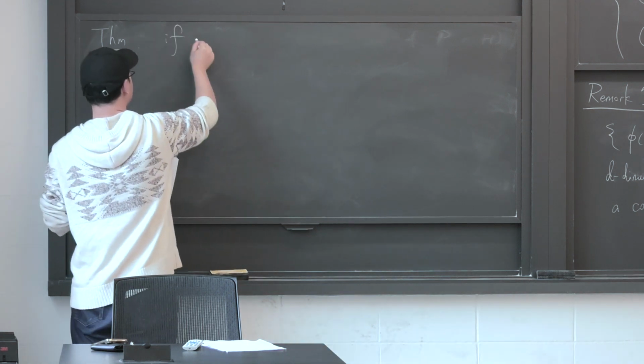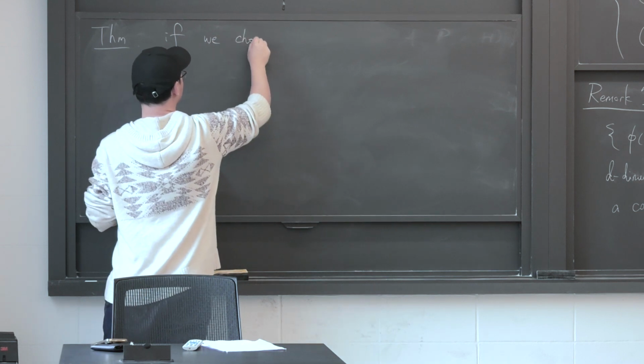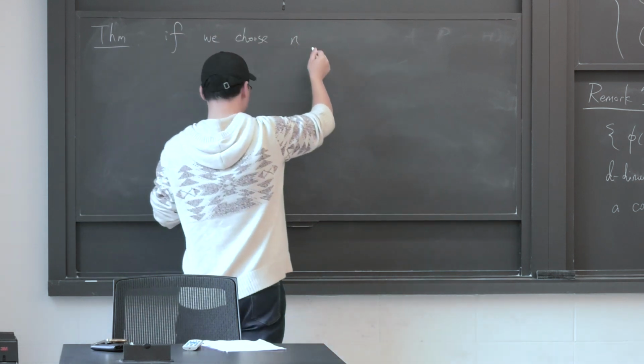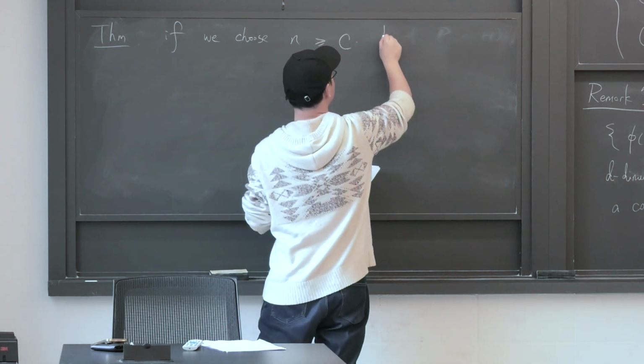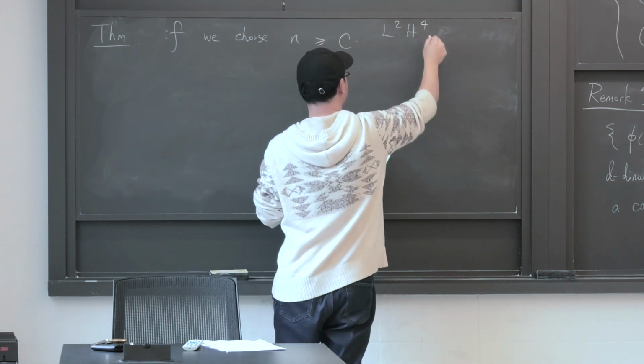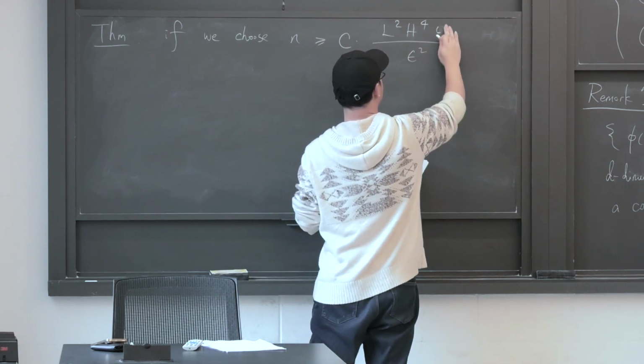So the theorem says if we choose m greater than some constant c times L squared H to the fourth iota over epsilon squared. It's again some complexity.